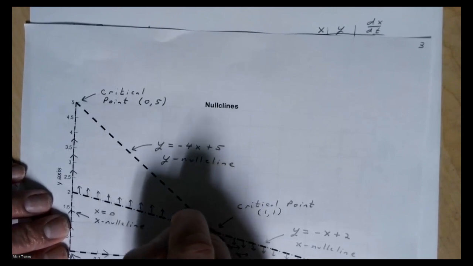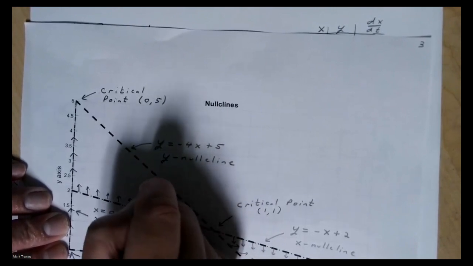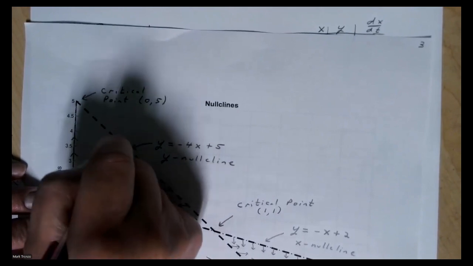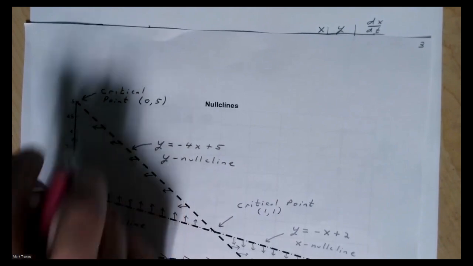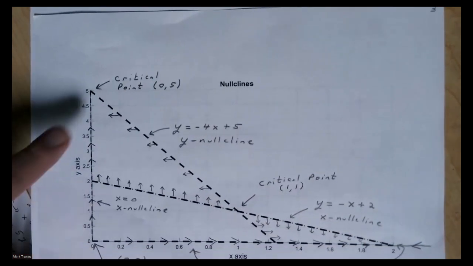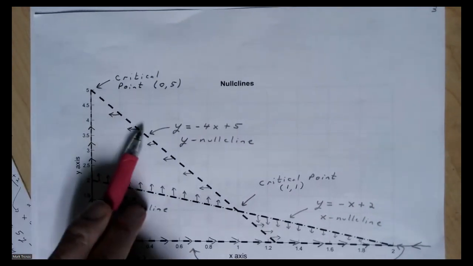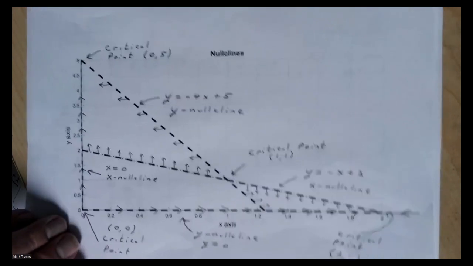And up here, it looks like it's going to go in this direction. Remember, it's going this direction because the y component is 0, dy/dt is 0, so it's going to be just horizontal. So it's going to go like this.